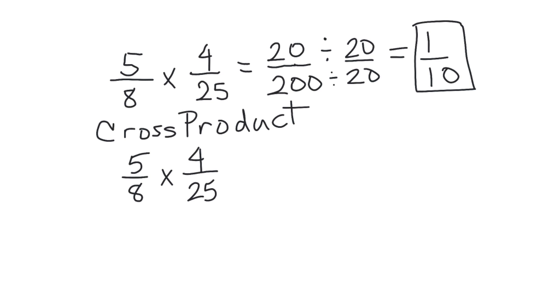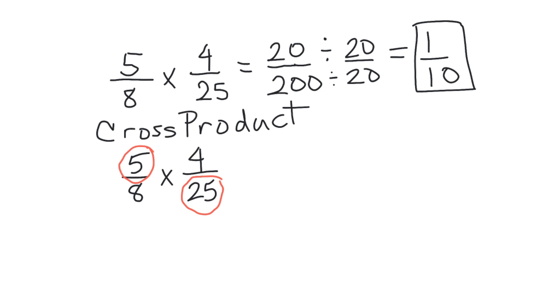So I notice that 5 has a common divisor with 25. Remember, it has to be one from the top of a fraction and the other from the bottom of a fraction. Doesn't have to be a cross, but it could be one over each other, but one from the top, one from the bottom. So 5 and 25 have a common divisor of 5.